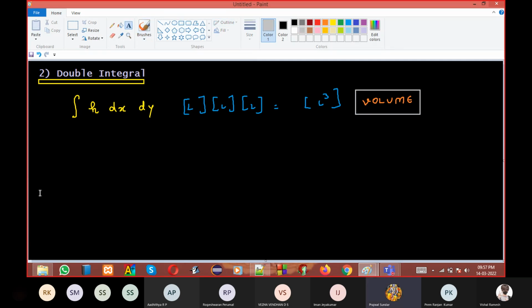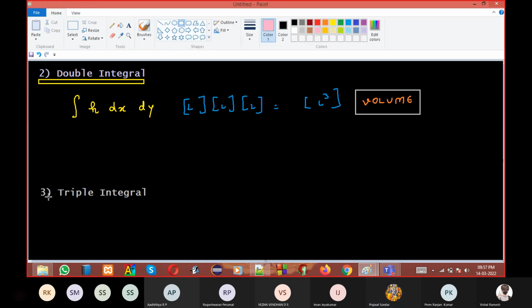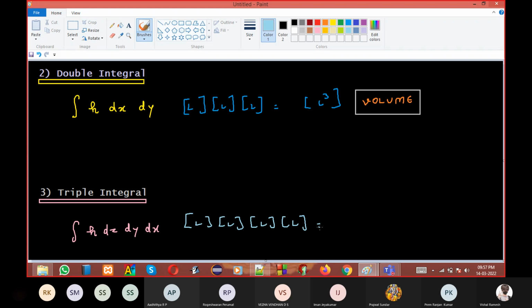Now, if you are taking triple integral, you will be doing integral h into dz dy dx. So the dimension will be L into L into L into L, equal to L power 4. We don't have a specific term to define it. We can just say something in 4D space.